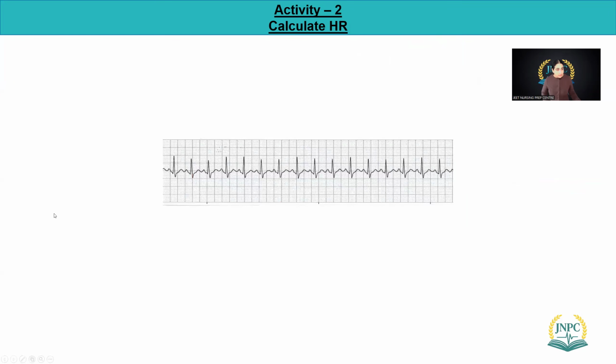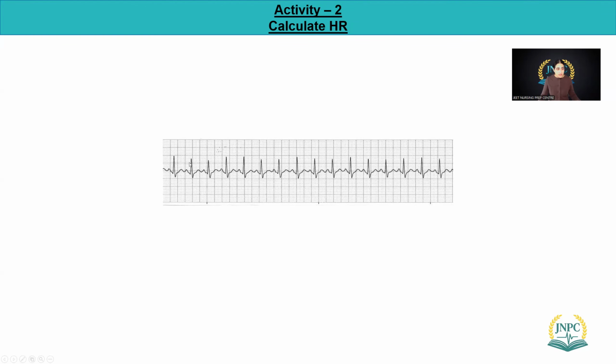Okay. So can you calculate this rhythm for me? We can see PQRST, PQRST, we can localize it.